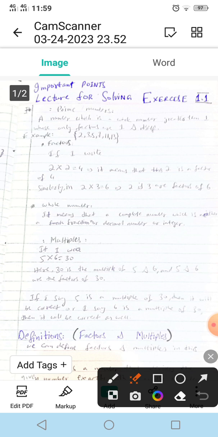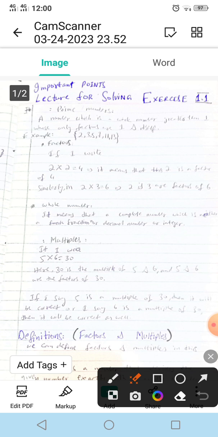Number 1 was the descriptive form, the second one was tabular form, and the third one was set builder form. Okay. So we know that in set builder form we have some symbols, as I have taught you.